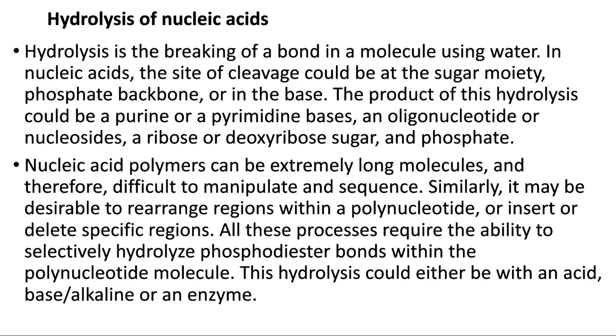So the product of this hydrolysis will always be either the purine or the pyrimidine base, the oligonucleotide or nucleoside, and the ribose sugar and a phosphate. So hydrolysis is just breaking all the things that make the nucleic acid come together.